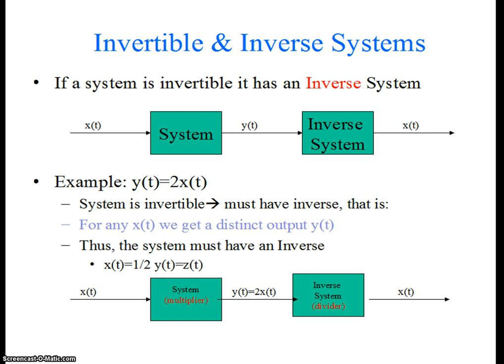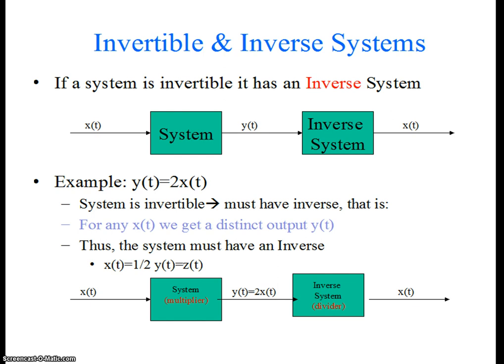Next we will discuss invertible and inverse systems. A system is invertible if it has an inverse system. So here, if I am able to recover the input from the output of a system, then the system has an inverse. That type of system we'll call an invertible system.